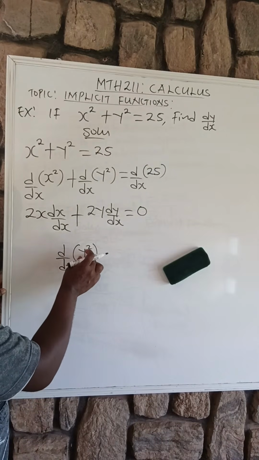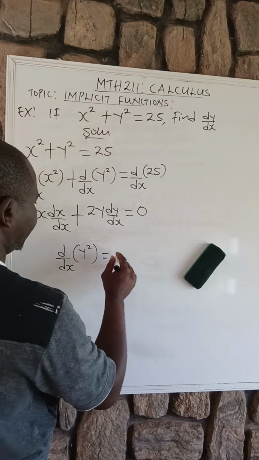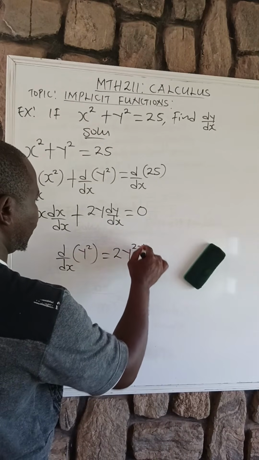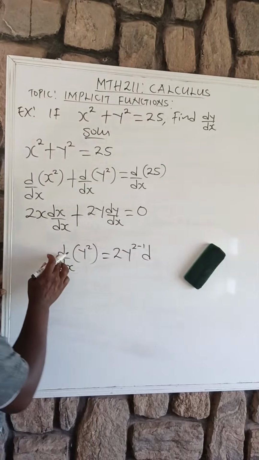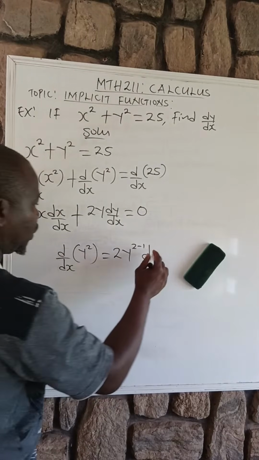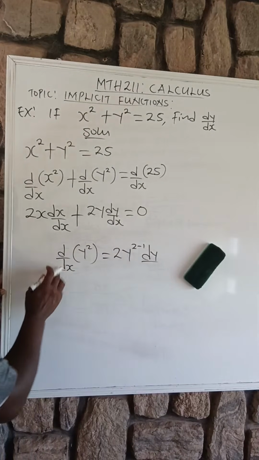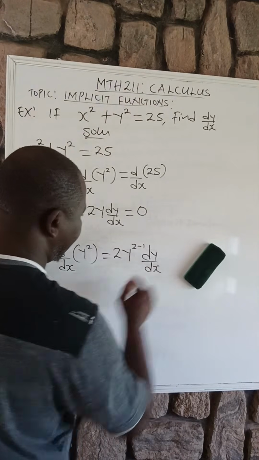So if we are to differentiate this, it means this will going to give us 2y raised to the powers of 2 minus 1, two of us. Then d what? Y, because you differentiated for y all over the existing dx. Can you see now? All over dx.